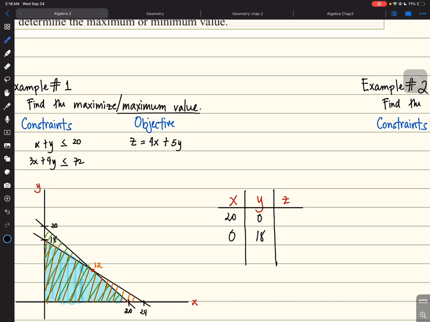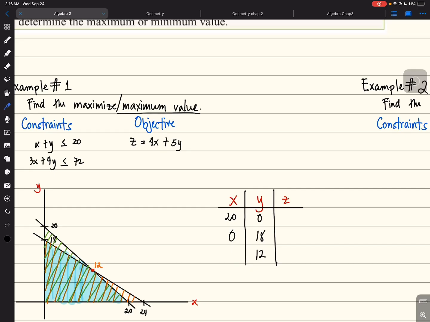Now, how about the vertex? We already got the y value, right? That is 12, the vertex, if you still remember. So let's write here 12. How about the x-axis or x-intercept?